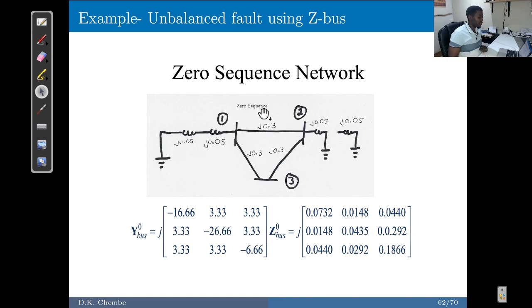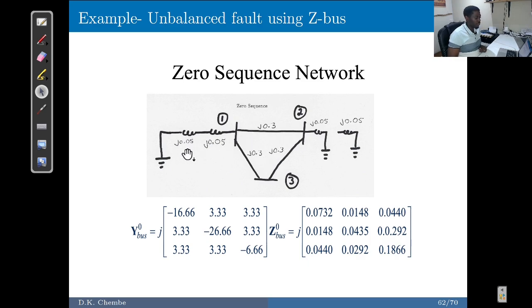For the zero sequence, again, we know this is disconnected. So the zero sequence element is disconnected. These are the variables for the zero sequence. The impedance in the lines was 0.3.